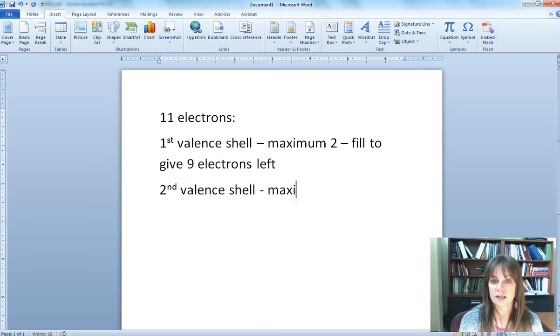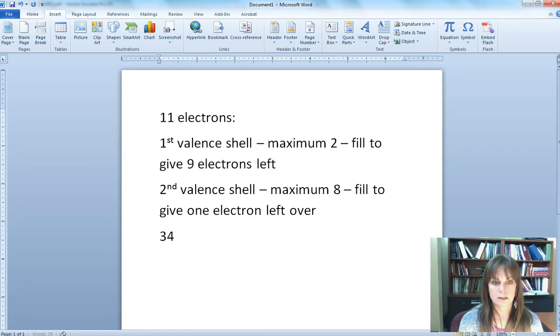The second valence shell can hold a maximum of 8 electrons. Well, we've got 9 total left, and so we can fill it to give 1 electron left over.